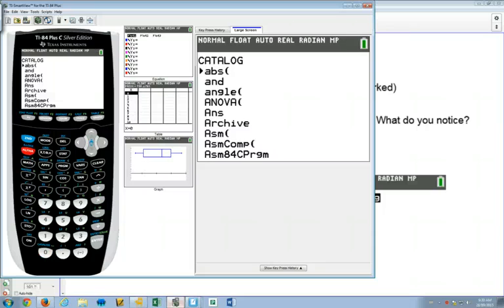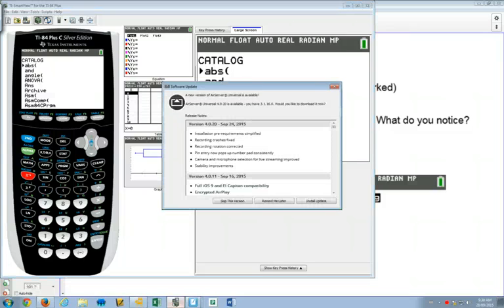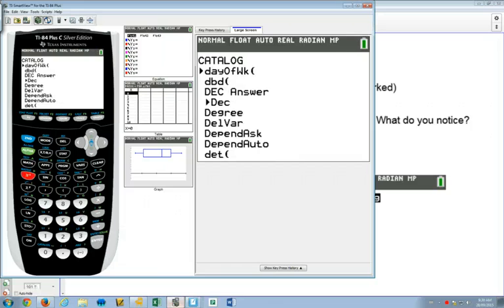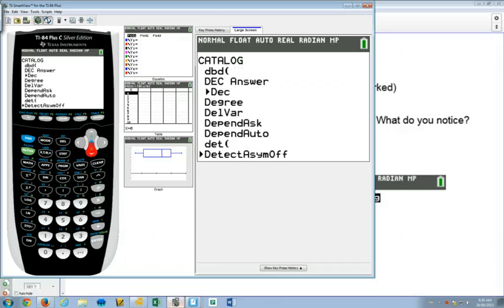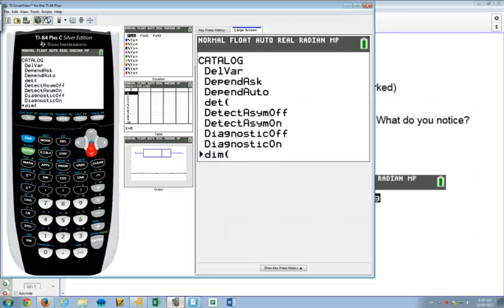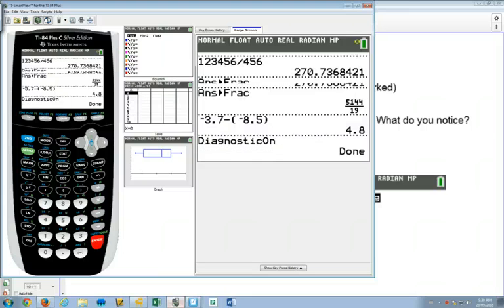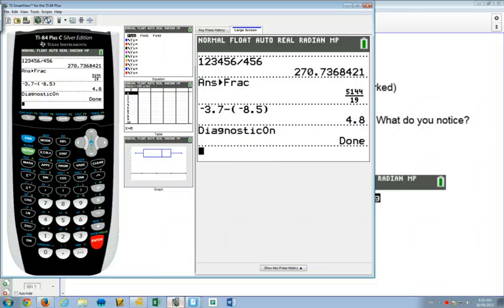If I go alpha D, nothing happened. I need a software update. Let's close that. Alpha D. There. If you go alpha D, it goes to your D values. Then you still have to scroll a little bit until you can find your diagnostic on. Push enter on that. Push it once, and it will be turned on.